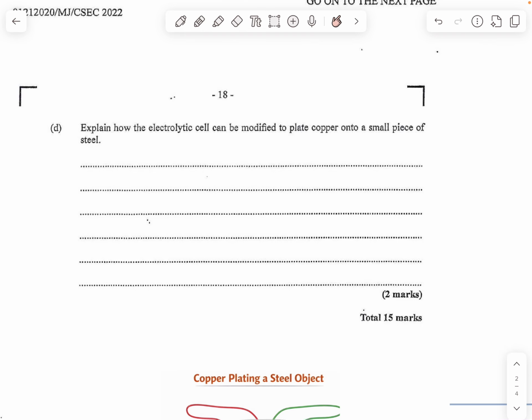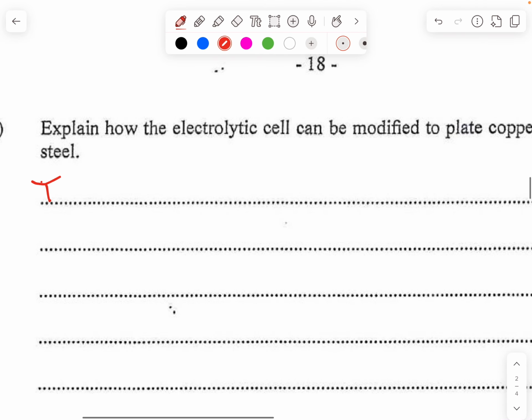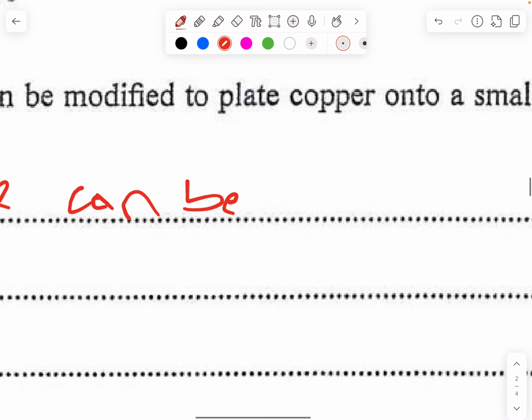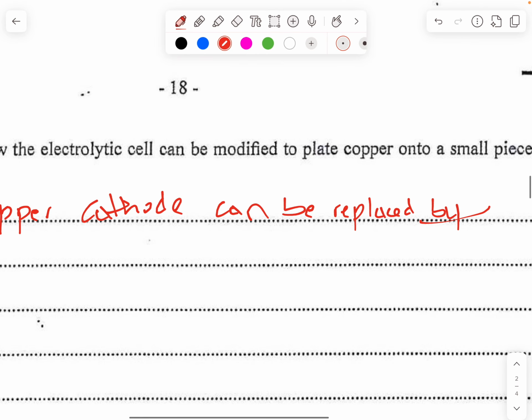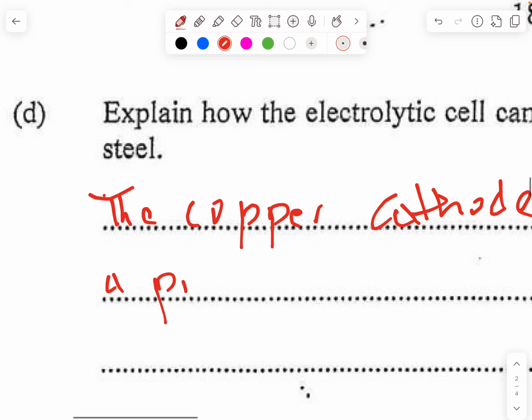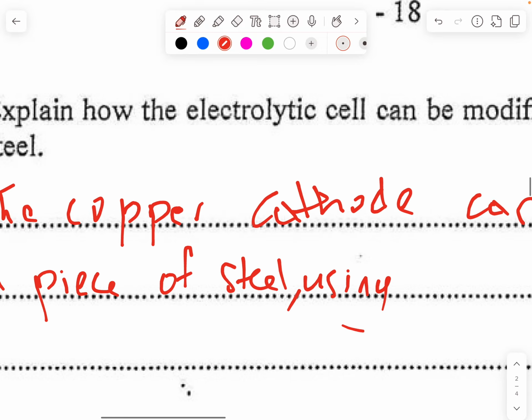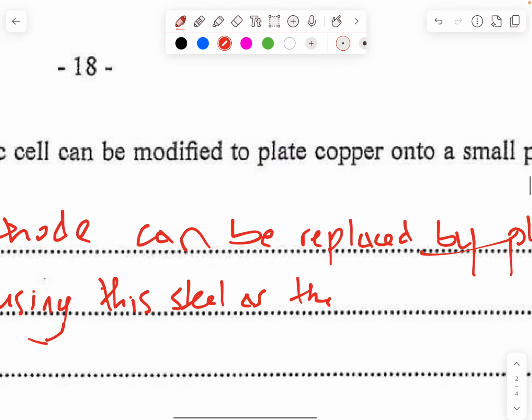Since we said that the cathode will gain mass and we need to put some mass onto the steel, therefore I'm going to write, the copper cathode can be replaced by placing a piece of steel, using this steel as the cathode.